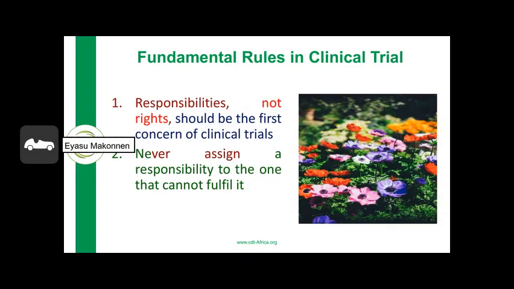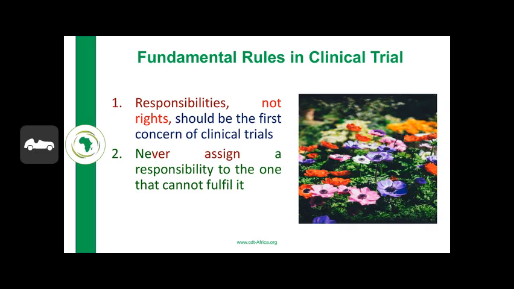With regard to the fundamental rules in clinical trial, it emphasizes responsibilities, not rights. That's to say, the first concern of clinical trials should be how to take responsibilities and discharge them. Second one is not to assign a responsibility to the party who cannot fulfill it.